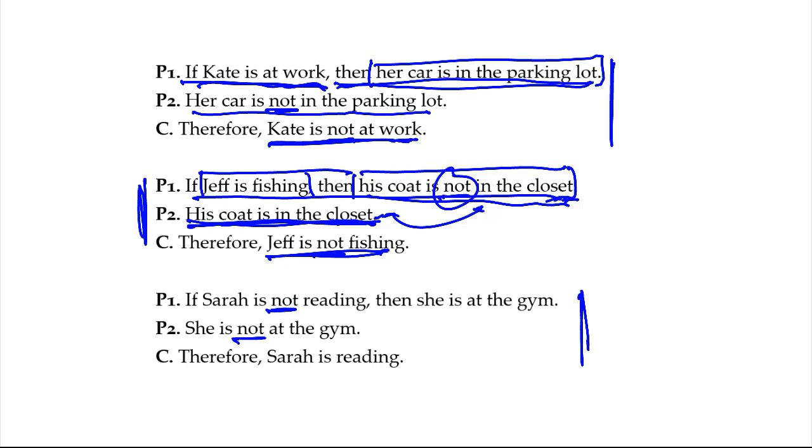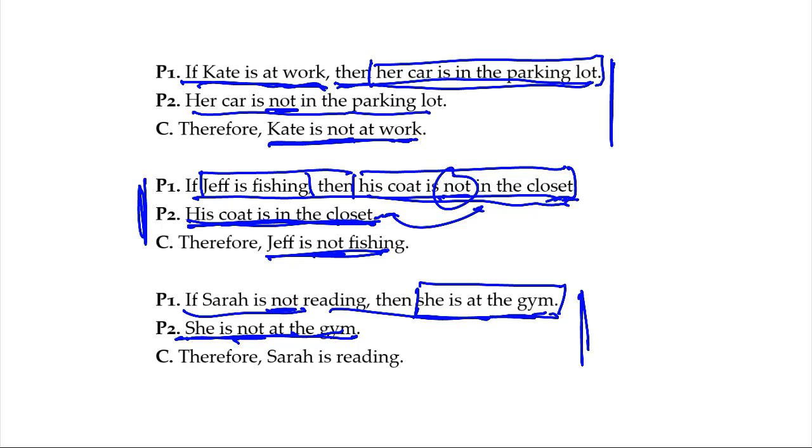All right, third example, if Sarah is not reading, then she is at the gym. Okay, our other premise, she is not at the gym. Okay, so that's the denial of the consequent. The consequent says she is at the gym. The other premise says she is not at the gym. So we can put as our conclusion the denial of the antecedent. Now the antecedent is Sarah is not reading.